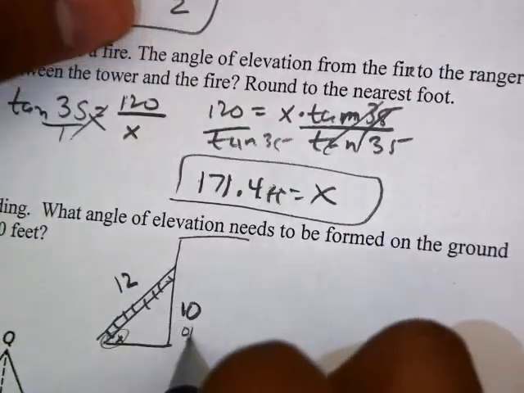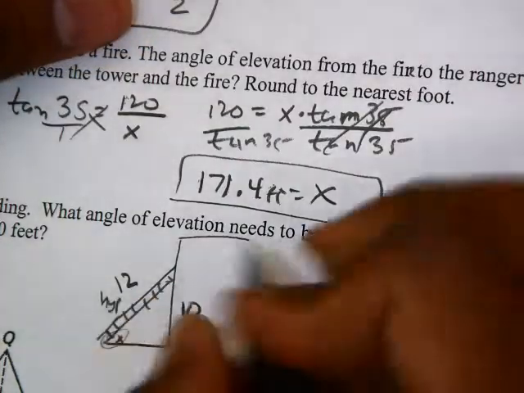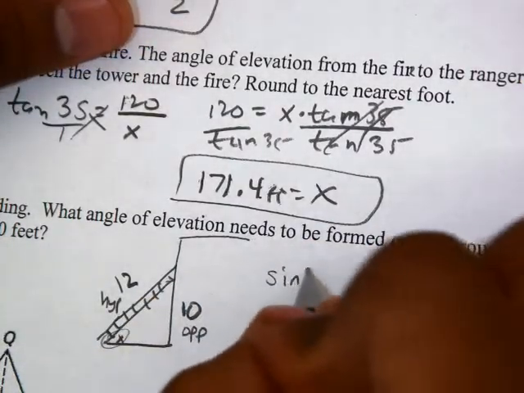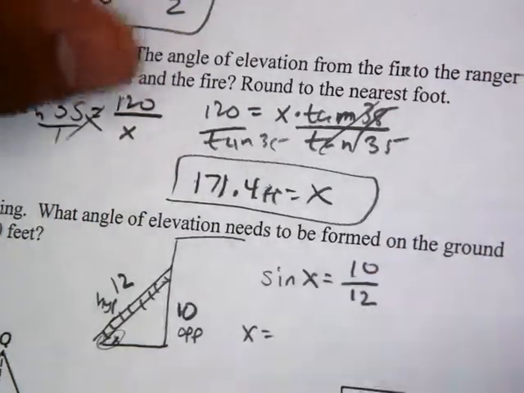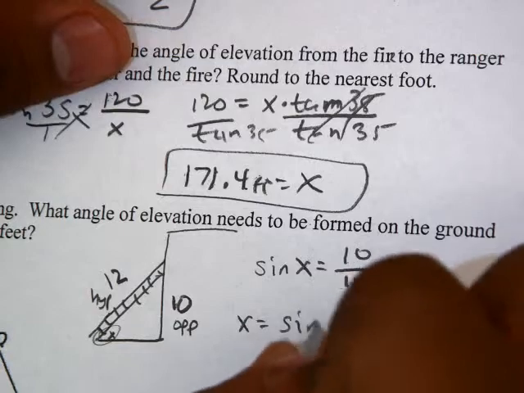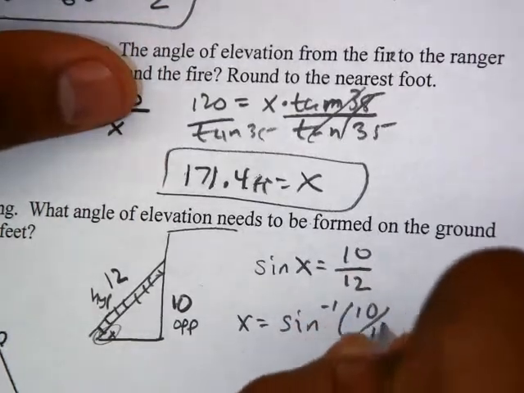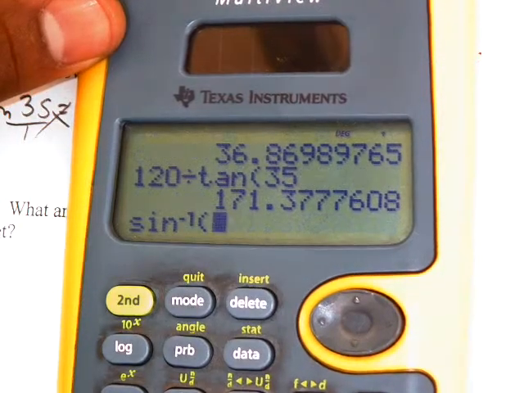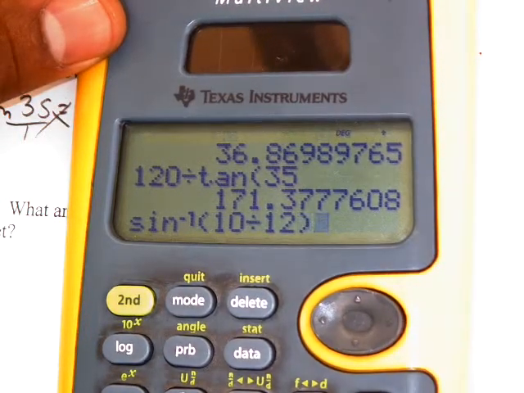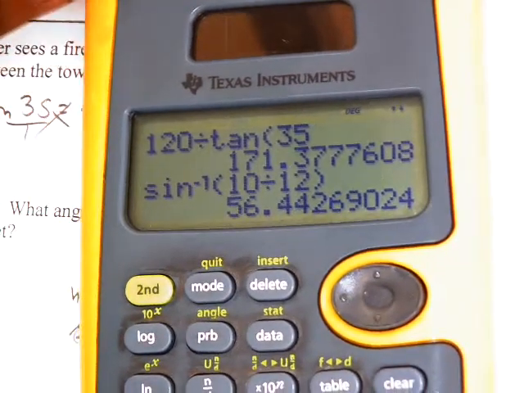This is opposite, and this is hypotenuse, so I need sine. The sine of x should be 10 over 12. To solve for a missing angle, I need to use the inverse sine of 10 over 12. And that's about 56 degrees.